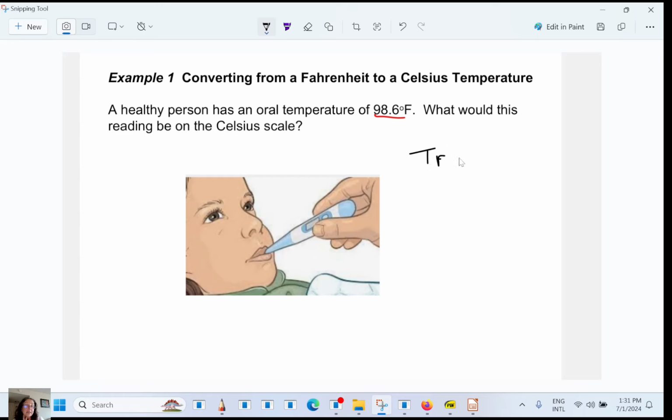Fahrenheit is the y-intercept 32 plus the slope times degrees Celsius, so that's 98.6 equals 32 plus 1.8 times Celsius. You can solve for degrees Celsius and you should find it equals 37. So if you are healthy, it's 37. If it's above 37, you are running a fever.